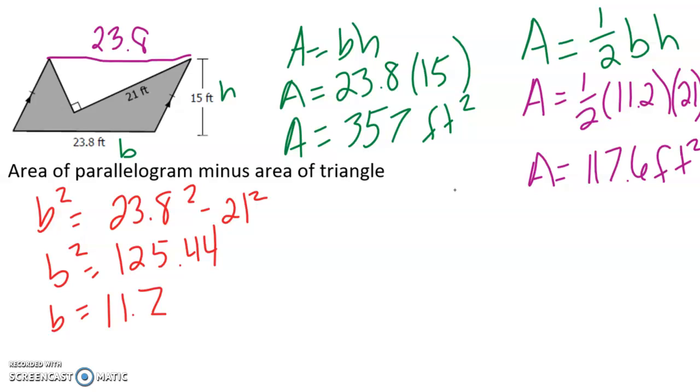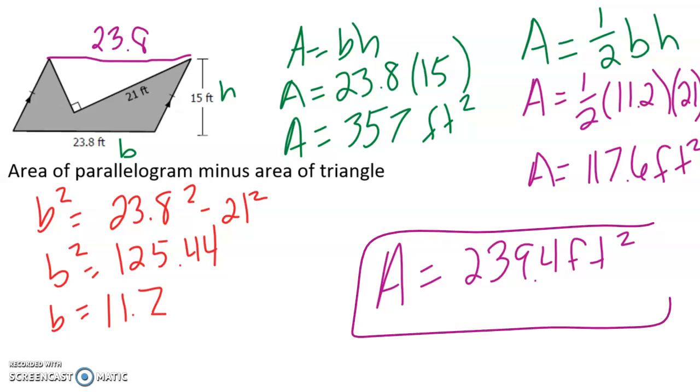So I can now subtract those two areas, and our final area will be 239.4 square feet. So in this case, I had to subtract them to be able to find my final area.